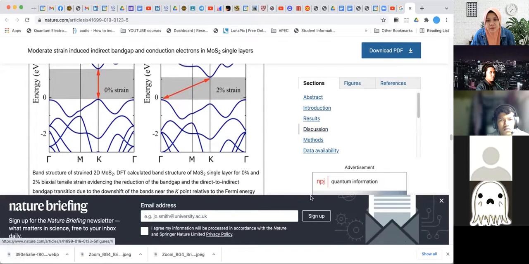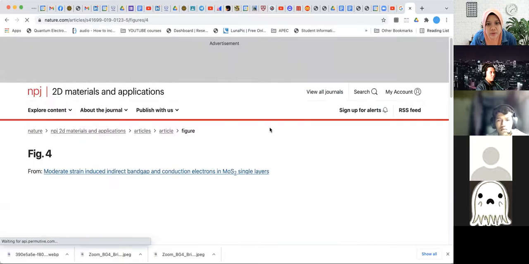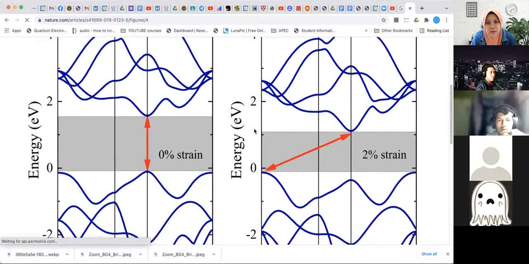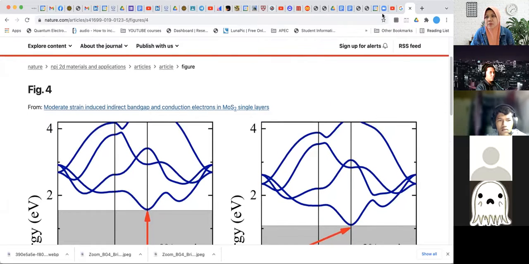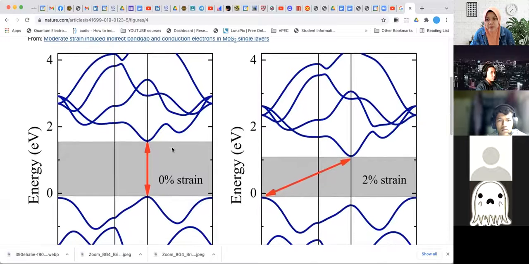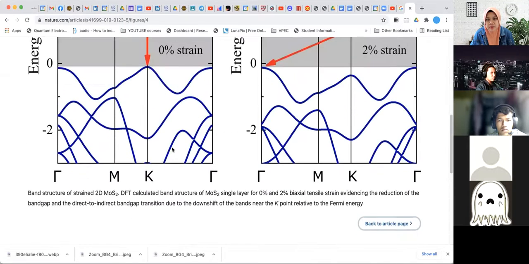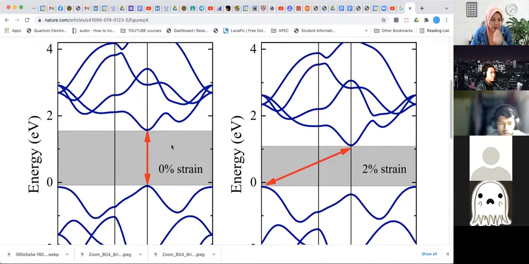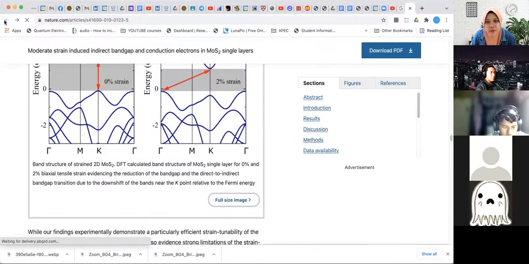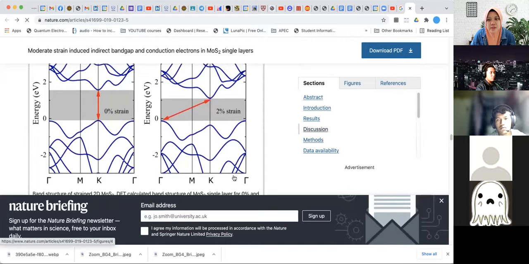How do I make this photo big? You cannot see the whole thing. How do I make it smaller? I cannot make it smaller. Okay, maybe if I go back here. Can you see here?